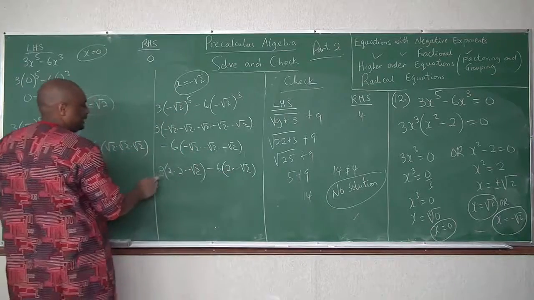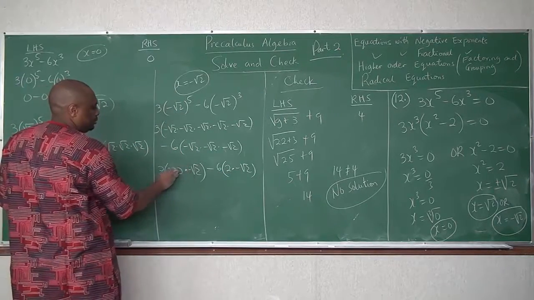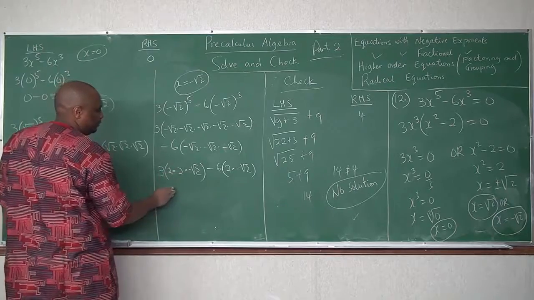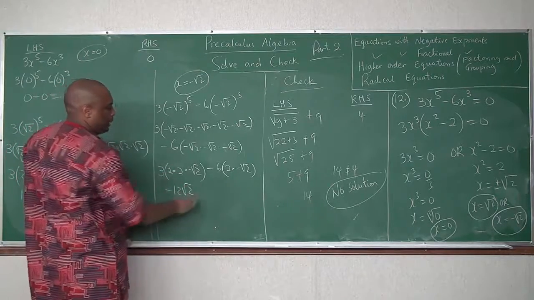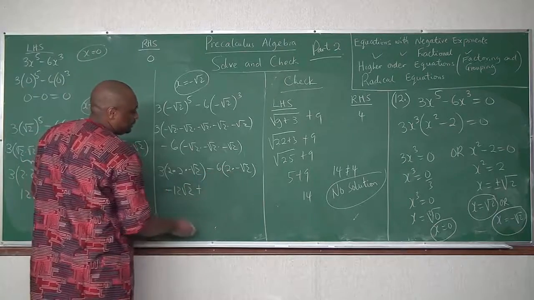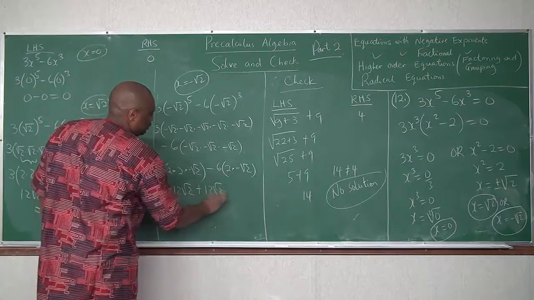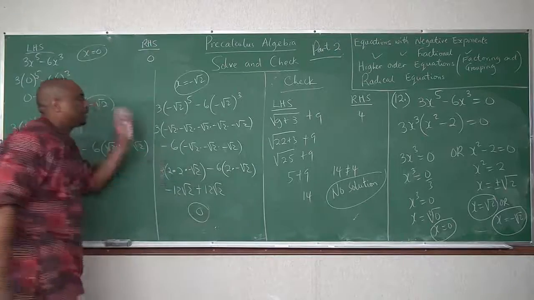So 3 times 2 is 6, times 2 is 12. Negative 12 radical 2 plus, because minus times minus is plus, 12 radical 2, and that is 0.